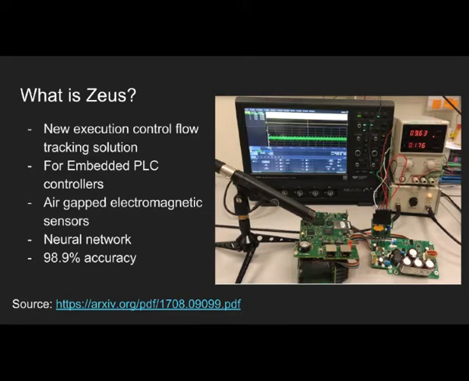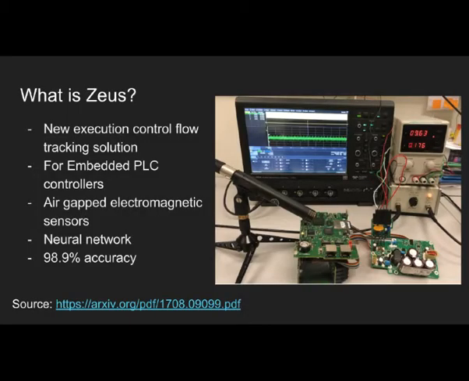It just grabs the electromagnetic signals coming from the PLC using a sensor, and analyzes them using a neural network. This paper talks about multiple tests that it ran, and it concluded that for the specific PLCs it ran on, it had an extremely high accuracy, which shows how viable this monitoring solution is.